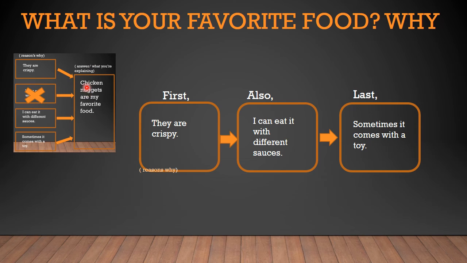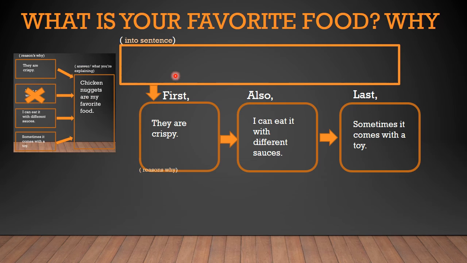Now I have to move this onto the top of my flow map here. And this top sentence is going to be called our intro sentence or introduction sentence. And just like if you are introduced to a friend, you say, "Hi, my name is."